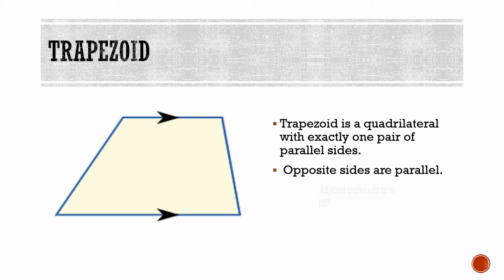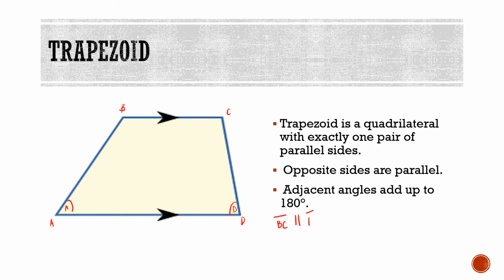Their opposite sides are parallel, and the adjacent angles add up to 180 degrees. So let's say that this is trapezoid A, B, C, and D. We name these as angle A and angle D. Side BC is parallel to side AD, and side BC has an opposite side, side AD.